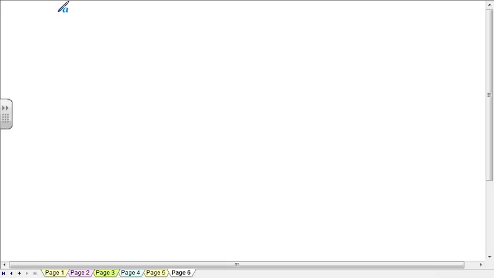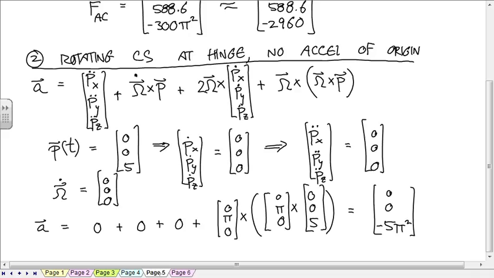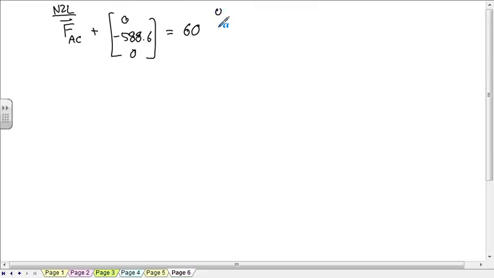And so Newton's second law says the force on the astronaut by the chair plus 0, negative 588.60 is equal to the mass times the acceleration, 0, 0, negative 5 pi squared.